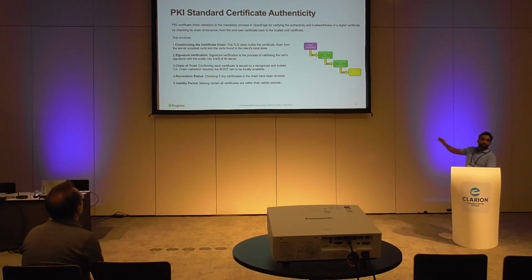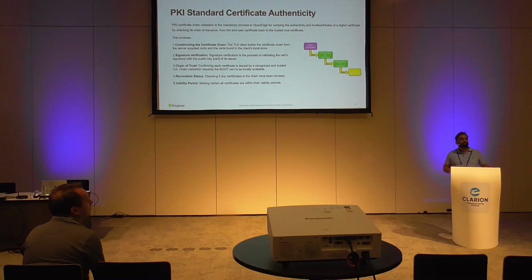The next step is to check whether any of the certificates are revoked. We have the OCSP and CRL mechanisms, and using those it checks whether any of the certificates are revoked. The last thing it does is check the validity of the certificates. Once all of those things are good, it assumes that the PKI cert chain validation is done and successful.